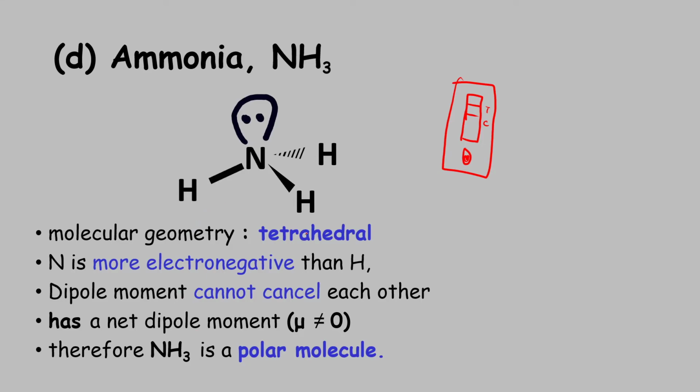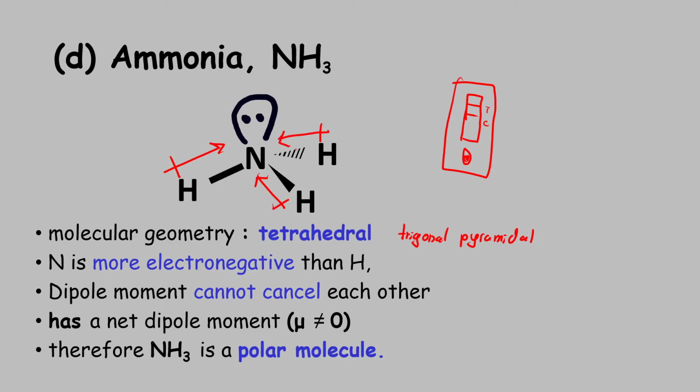Even, okay, ammonia, the molecular geometry is tetrahedral. Tapi molecular shape dia is pyramidal. Sebab remember kita bayangkan lone pair sebagai dia tak wujud. So it is a polar molecule sebab it is pulling the electrons toward the nitrogen.